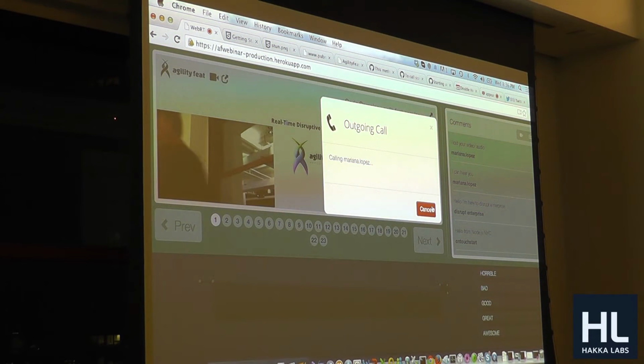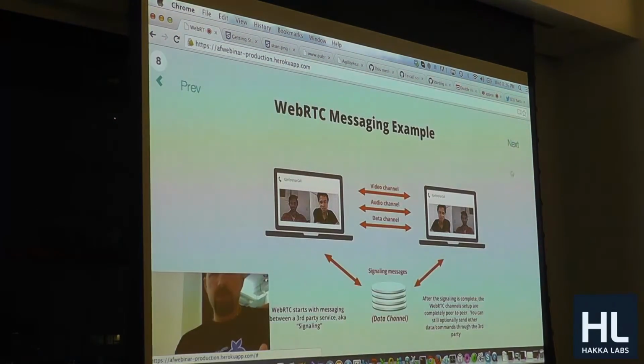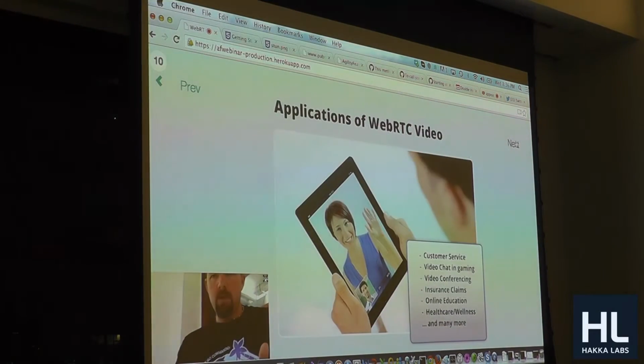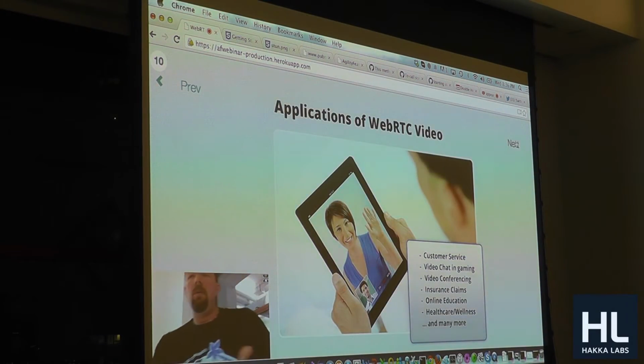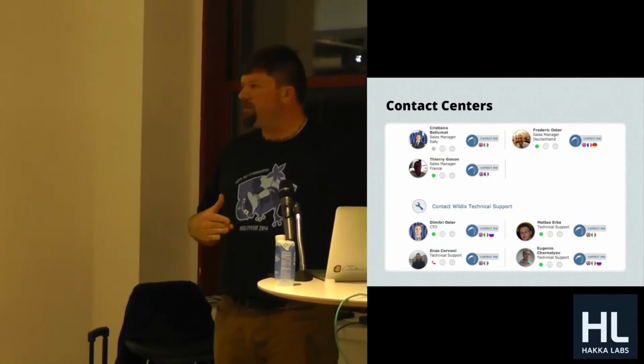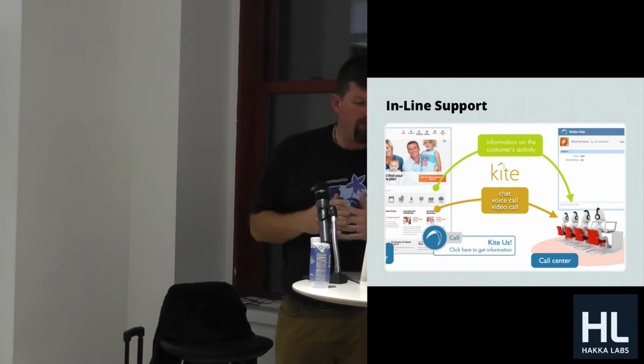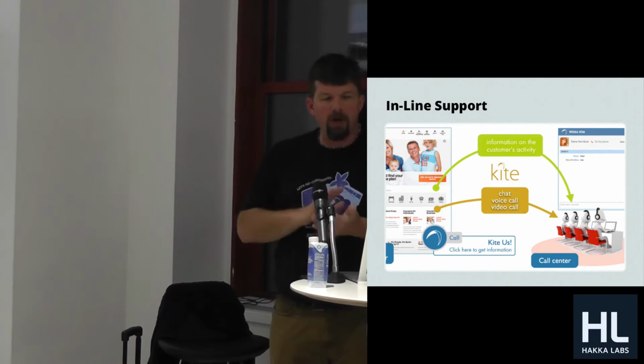So there's a number of different applications that this can work in, different scenarios. You're starting to see companies use this for contacting them online directly through the site for customer support. There's a commercial offering called Kite that does that already.